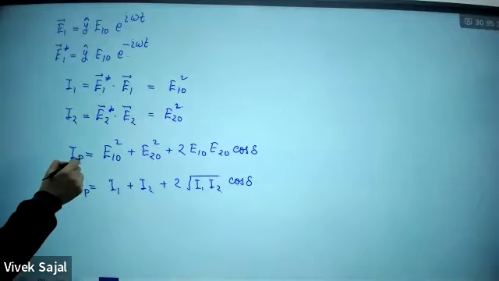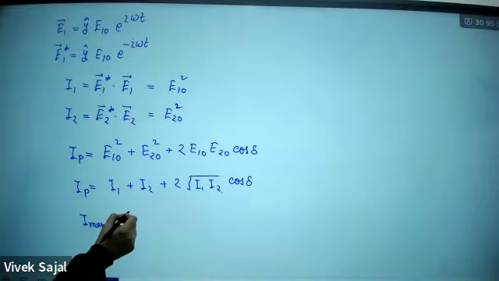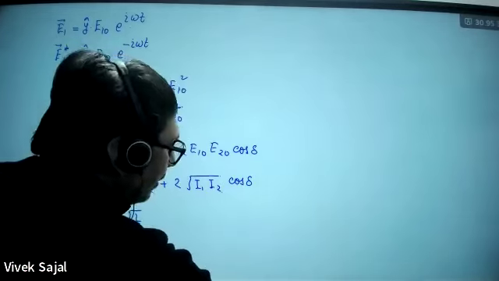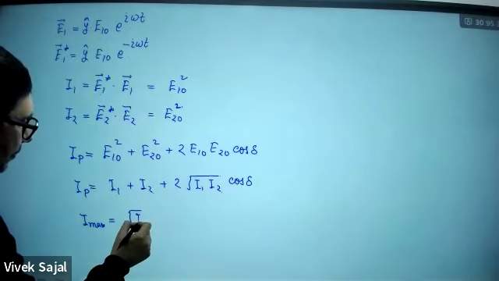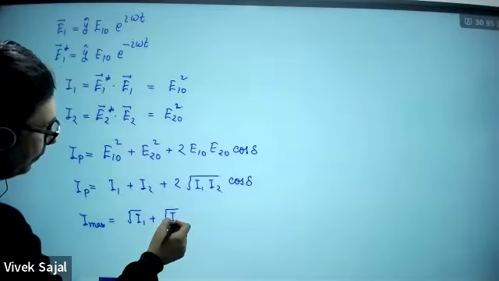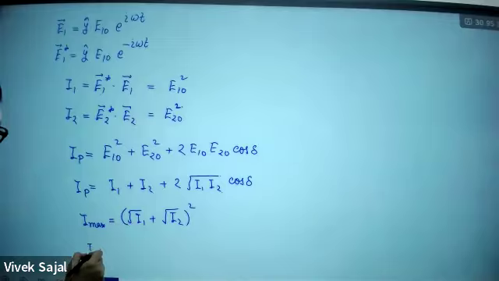This is the resultant intensity at an arbitrary point P. If you write I max, I can write I max like this: root I1 plus root of I2, and square of this.